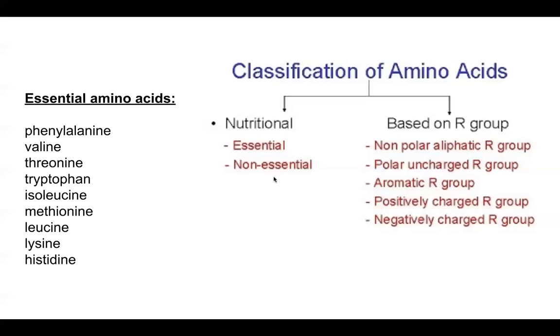Classification of amino acids are nutritional and based on R group. By the nutritional, they are divided into two groups, essential amino acids and non-essential. Non-essential amino acids are synthesized by our cells, essential amino acids are derived from the foods.